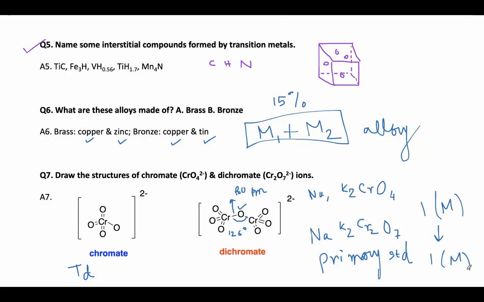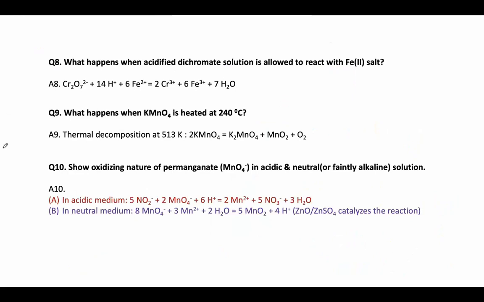So potassium dichromate is used as a primary standard solution in volumetric analysis, where a specific concentration is required. It is used to calculate the exact normality or molarity of a solution. Here there are some informative questions that are taken up. The first one is: what happens when acidified dichromate solution is allowed to react with Fe2+ salt?